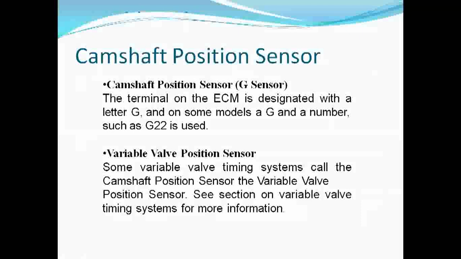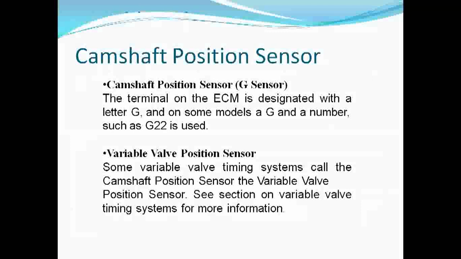So if it has deviated, sudden stoppage or sudden halting of that particular system will commence, or else it can even be dragged on to subsequent levels later on. This is the camshaft position sensor, the variable valve position sensor.